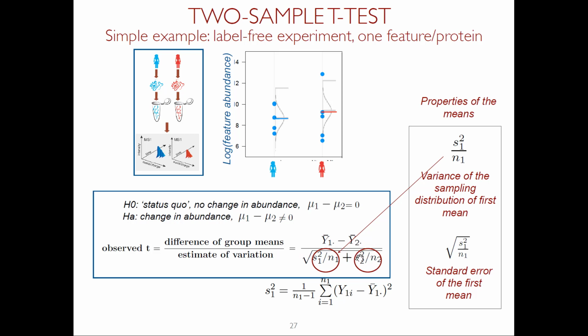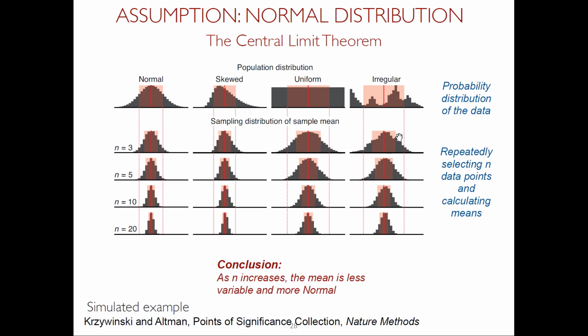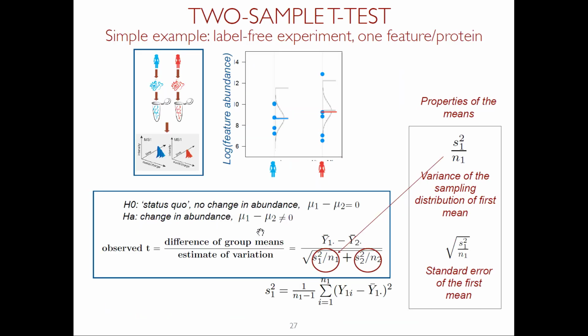And we take the square root to bring it to the same scale. So the square root of this quantity is called the standard error. So again, just to make sure we distinguish, this is the standard deviation, and the variability here is the standard error. And therefore, this signal to noise tells us this is how much signal we have in the means, and this is how much uncertainty we have in the means.